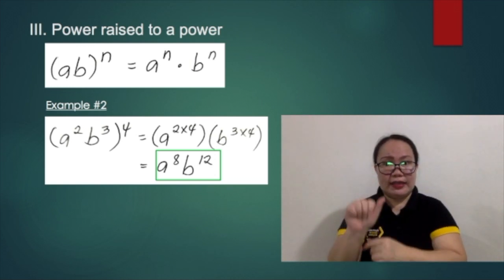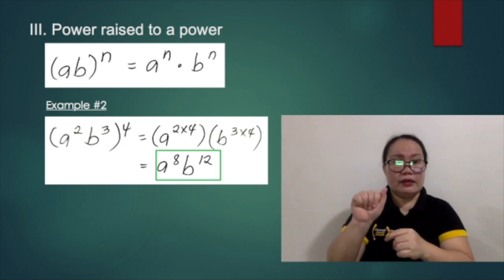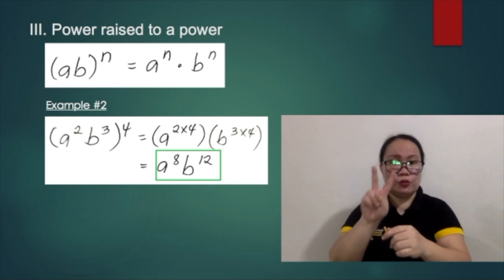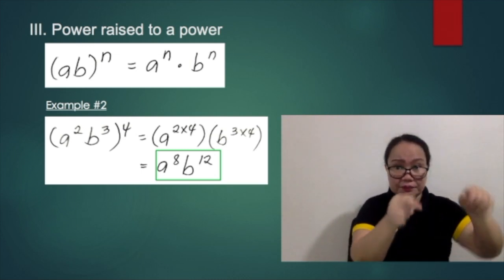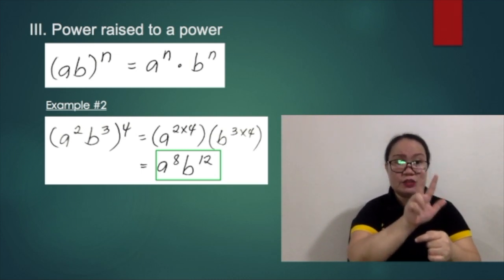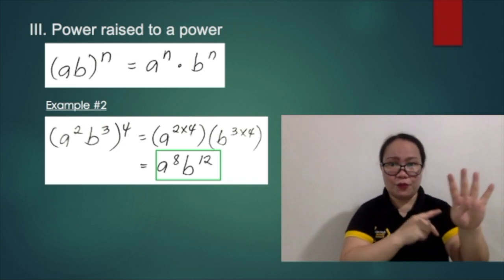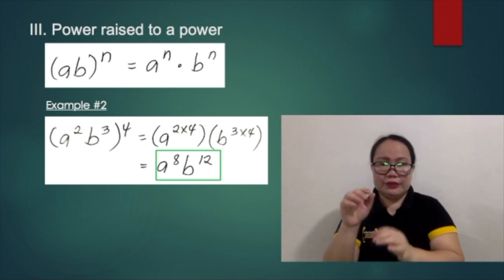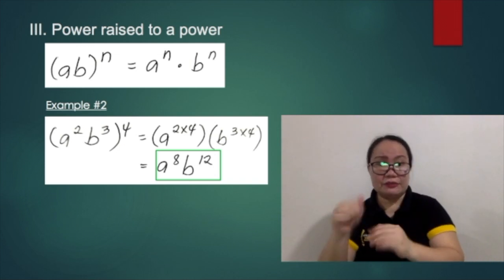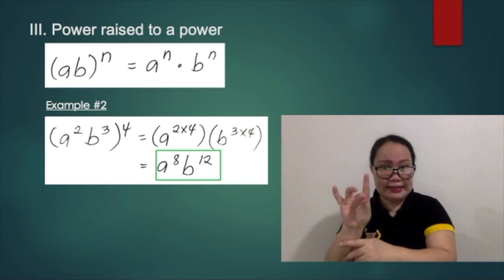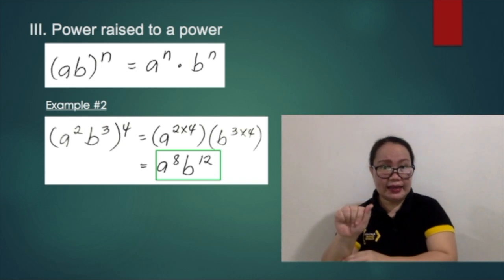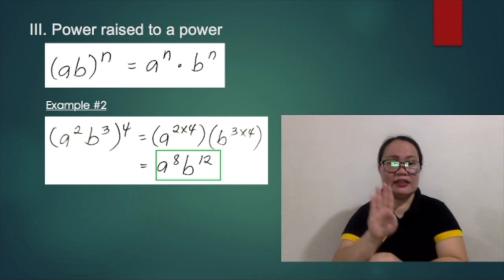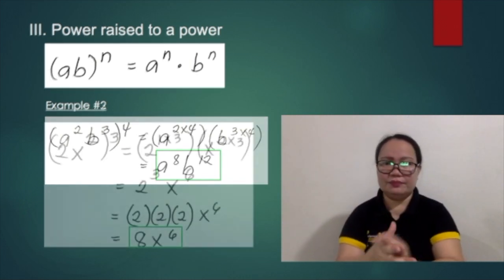Let's start with a raised to the power of 2 times 4, and then b raised to the power of 3 times 4. So the answer is a raised to the power of 8, b to the 12. Okay, a to the 8, b to the 12.